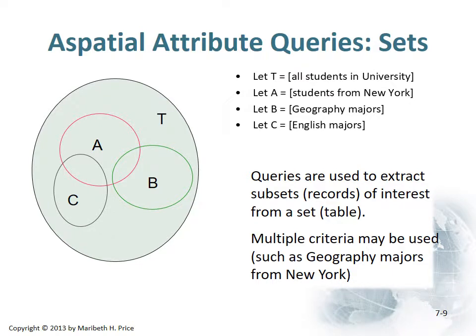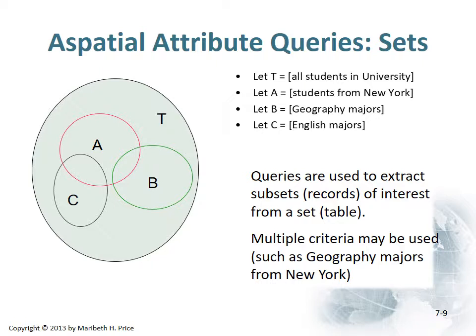To get a better handle on how queries work in GIS, we're going to develop a couple of things that you're probably familiar with from your prior education. But briefly, we're going to look here at set theory and then a kind of logic in a few slides.